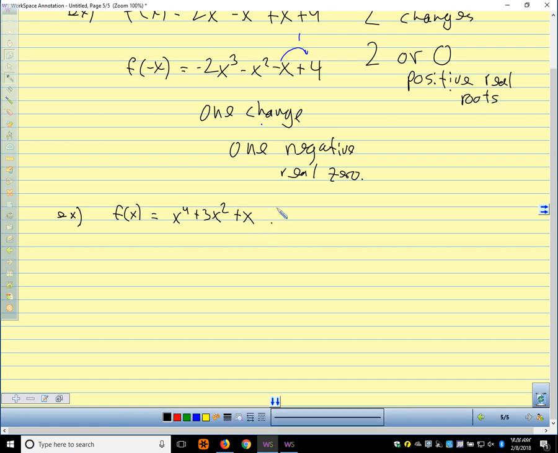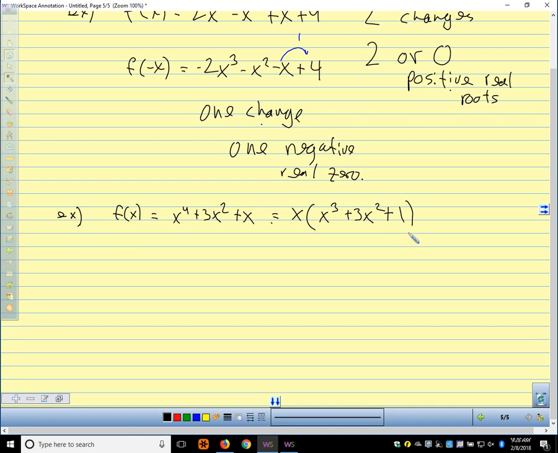What are we going to do here? Factor. What do we have in common here? There's a common x in each term. Factor out that x. And now we know one of the zeros is 0 from this.